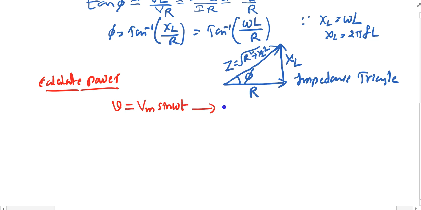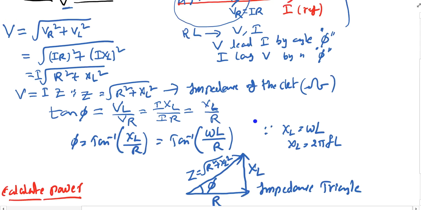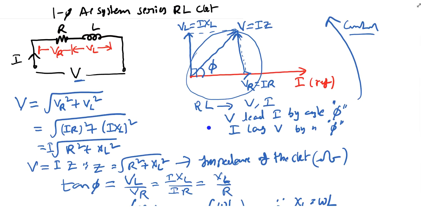We take this as the reference, and my I is Im sin(omega t minus phi). Why am I getting this minus phi here? Because the angle between your voltage and current is phi, where my current lags voltage by phi.